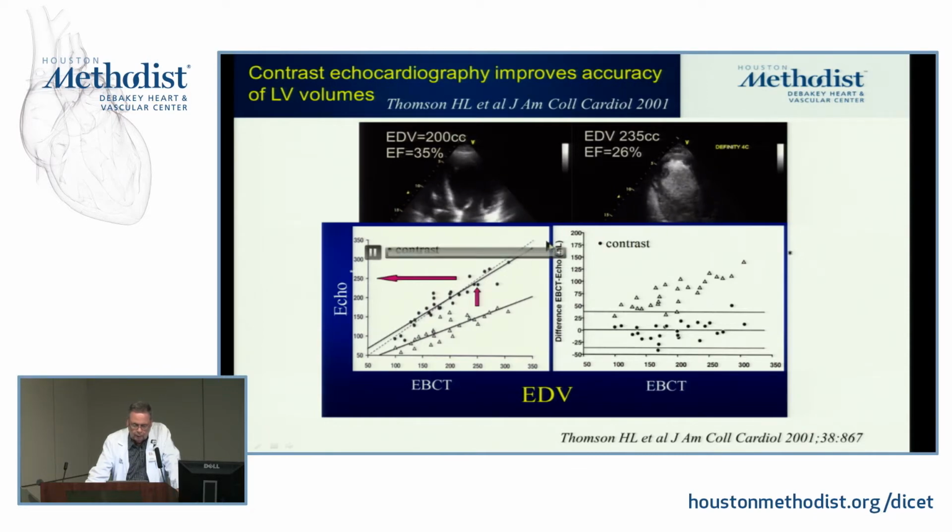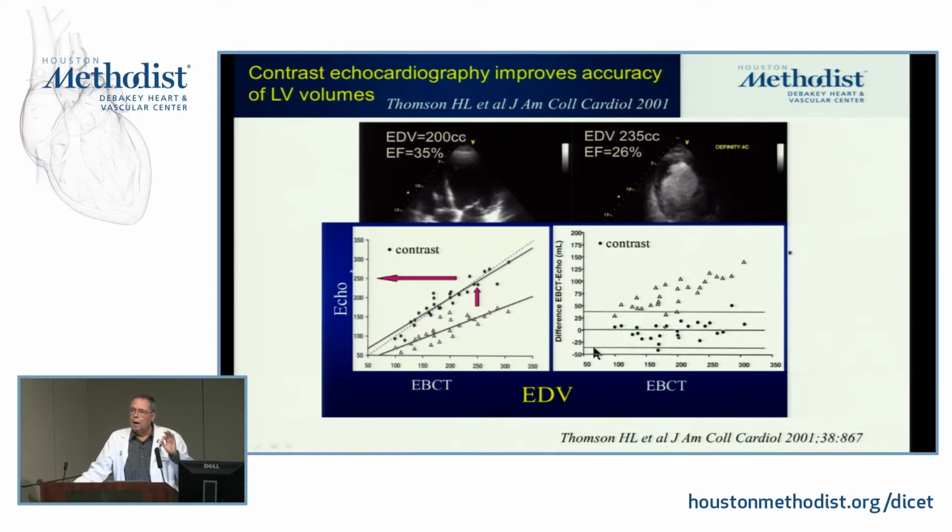Whereas when contrast was given, not only was it a decent correlation, but now it's almost on the line of identity. The broken line is the line of identity, and the regression line is not that far off. And you can see that when you do the Bland-Altman analysis. So contrast really helps to know better how big a heart is.